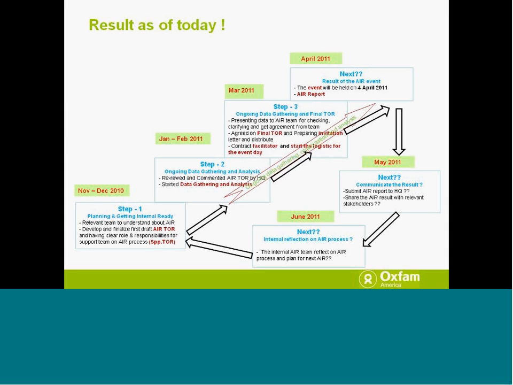And then in stage 2, you will see the data gathering format, which is given by Ken, because Ken was very helpful in this data gathering. And then in step 2, you will see the final TOR has been produced, and then the invitation. Also, we contract with the facilitators, and started to do the logistics for the event.